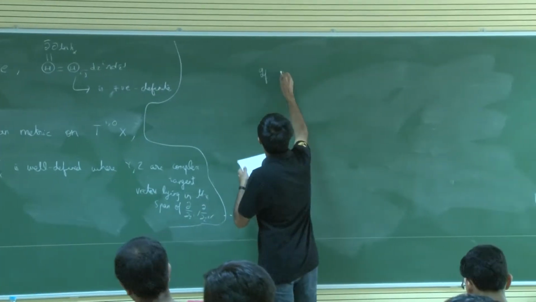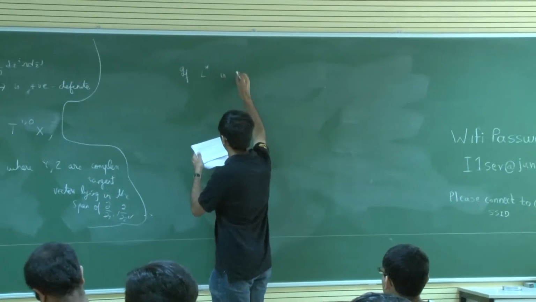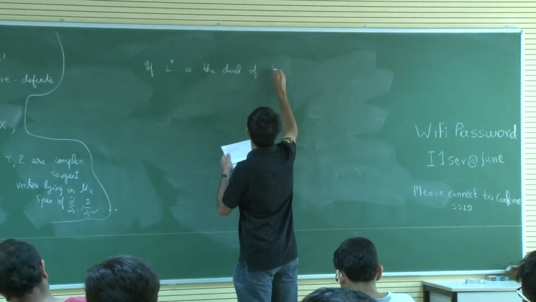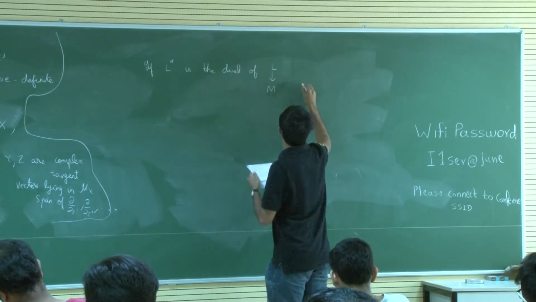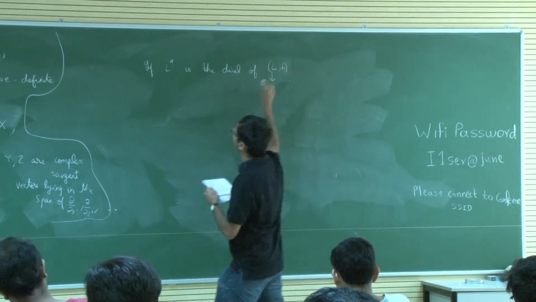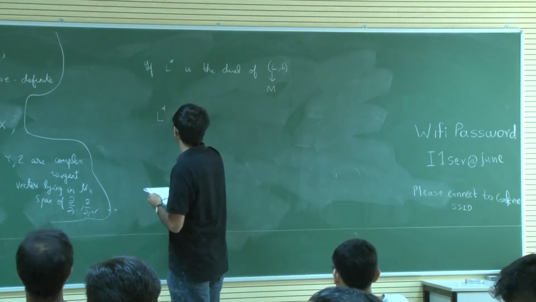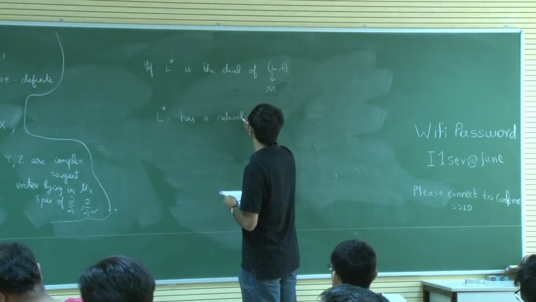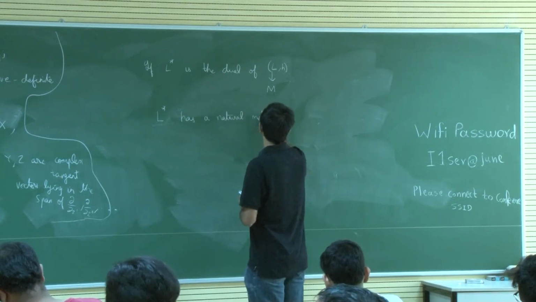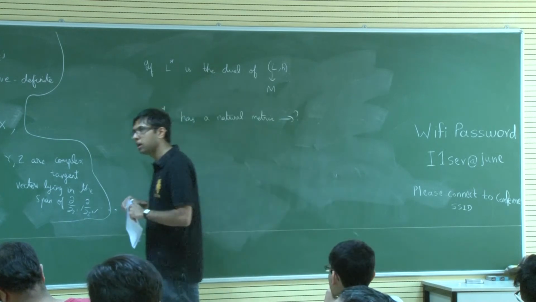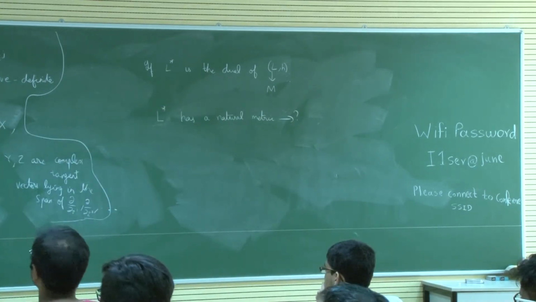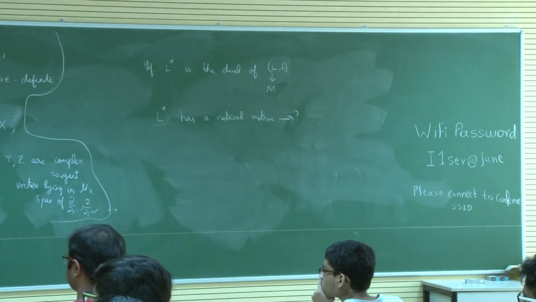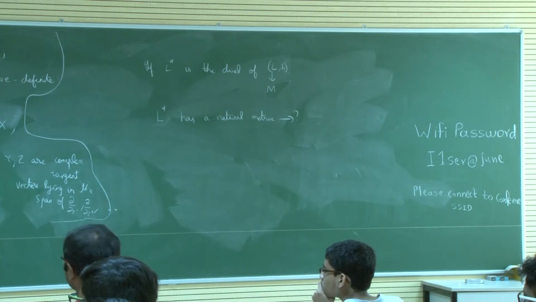Suppose L dual is the dual of L over N. First of all, L dual has a natural metric. What is it? If I give you a way to measure distances along a vector space, on its dual there's an obvious metric. On a one-dimensional vector space, what should it be?